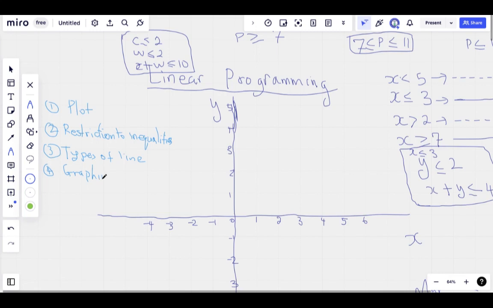Number 5 is shading. Sometimes they give you conditions for shading. They tell you to leave unshaded the part which satisfies the inequality, or shade the part which satisfies the inequality.